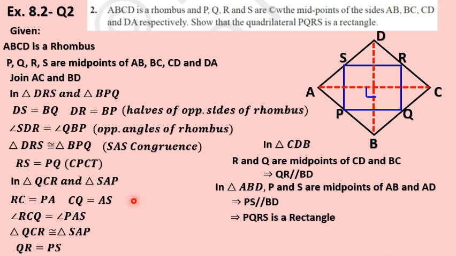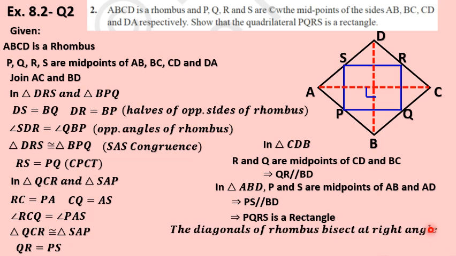So we proved it. Now let us prove that the diagonals of a rhombus bisect at right angles. We know that the diagonals of a rhombus bisect at right angles. So this angle is 90 degrees. So we can see in this PQRS, there are small rectangles.